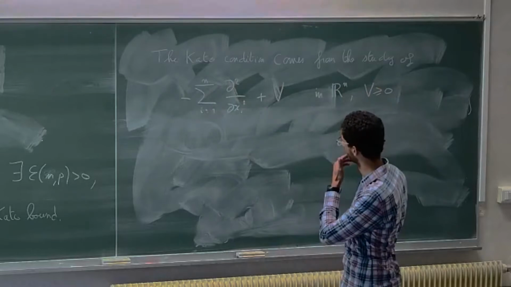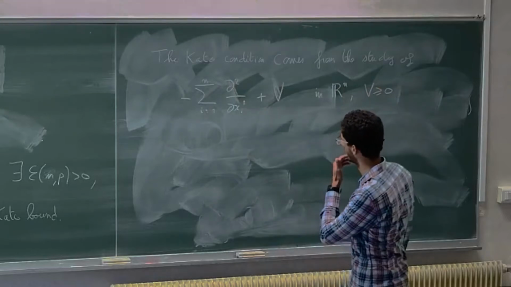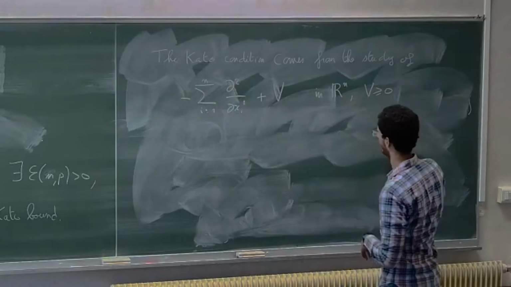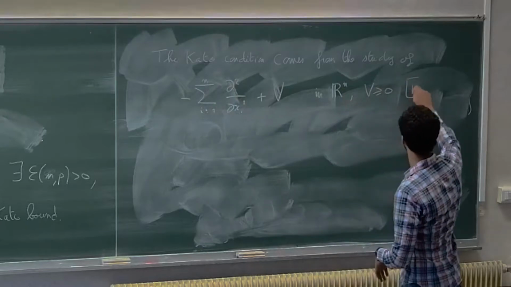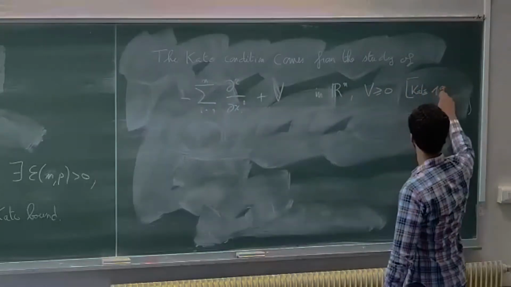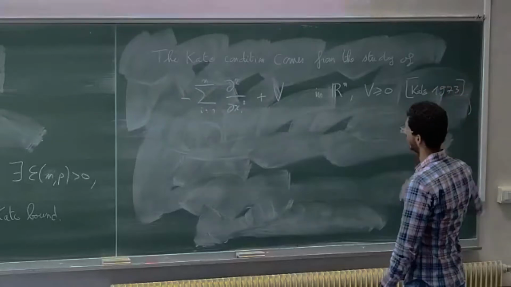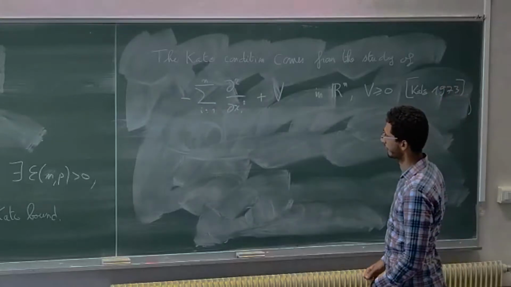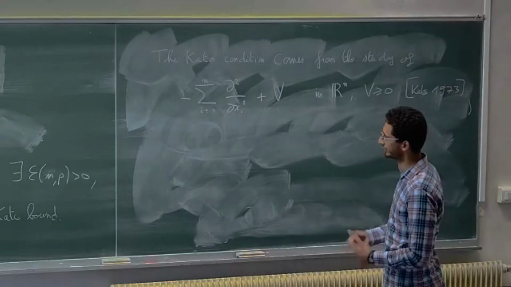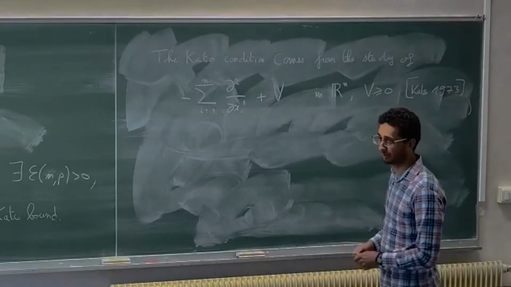The question Kato tackled in his paper was the uniqueness of a self-adjoint extension of such an operator.